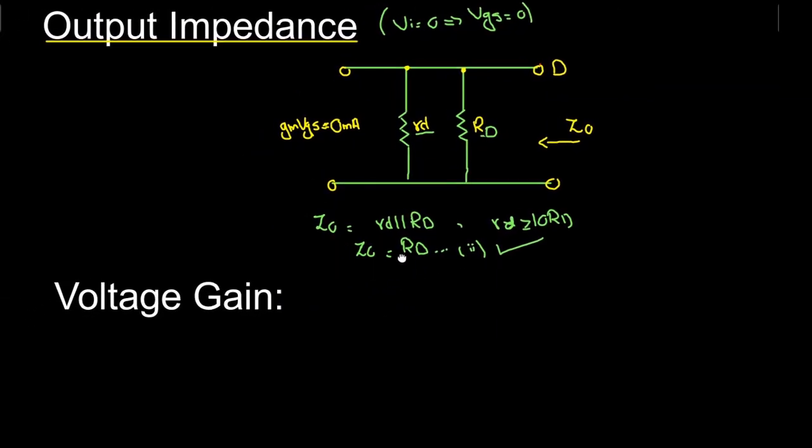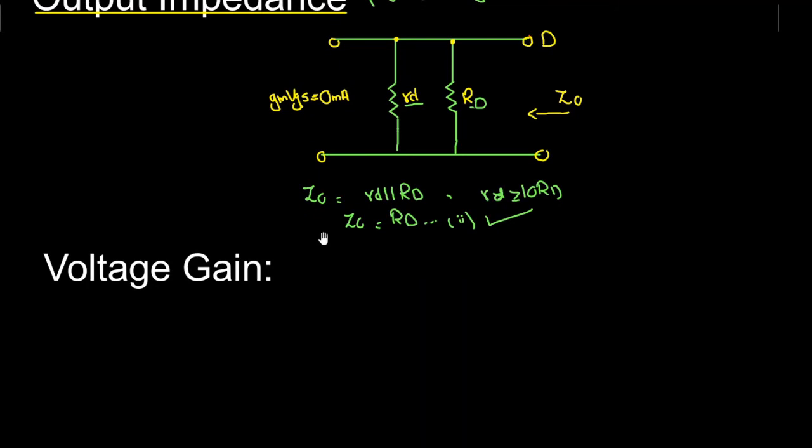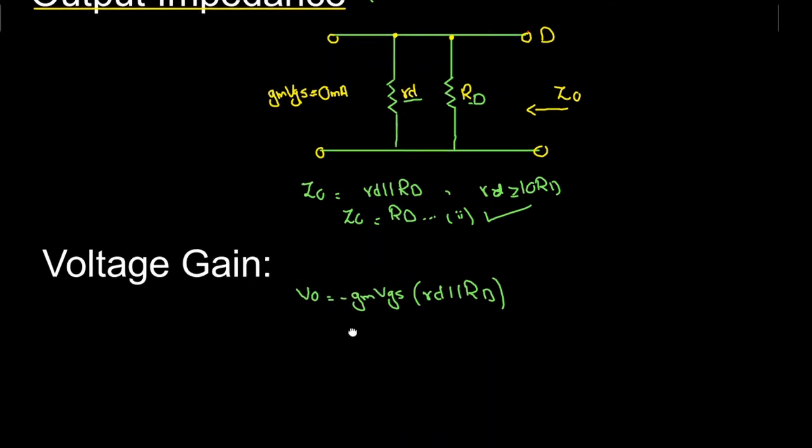The third thing is to find the voltage gain. And now again the voltage gain can be given by using Ohm's law, which is going to be equal to V is equal to IR. So in this case output voltage is going to be equal to the drain current, and the drain current is equal to gm VGS. And the output, which is Zo, and Zo is equal to RD parallel to rd. Now because of the direction of current, we are going to have a negative sign over here.